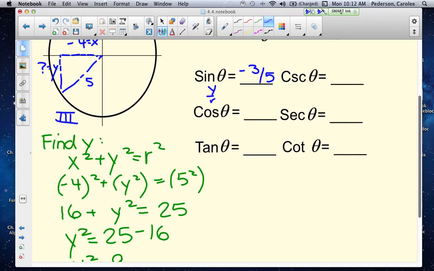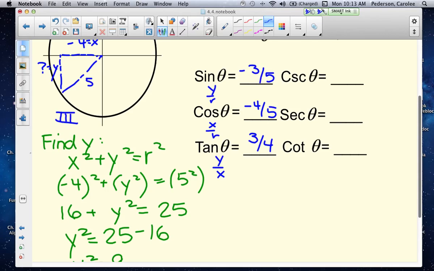Cosine is x over r, so -4 over 5. Tangent, y over x, so -3 over -4. Negative, negative, positive 3/4.